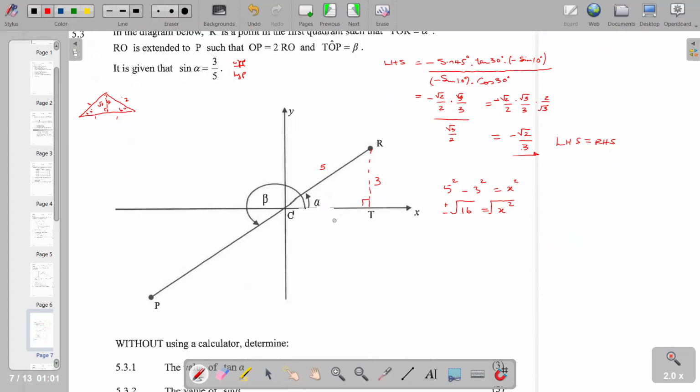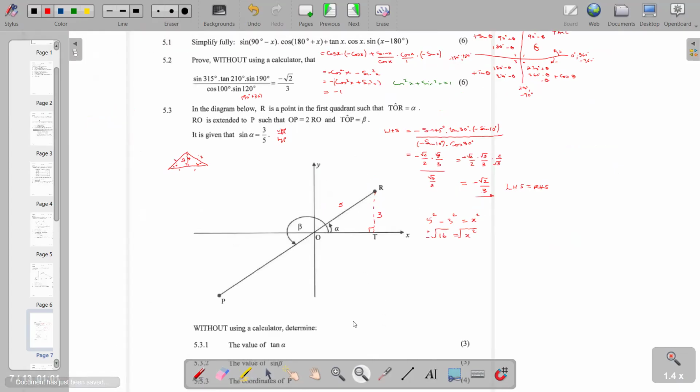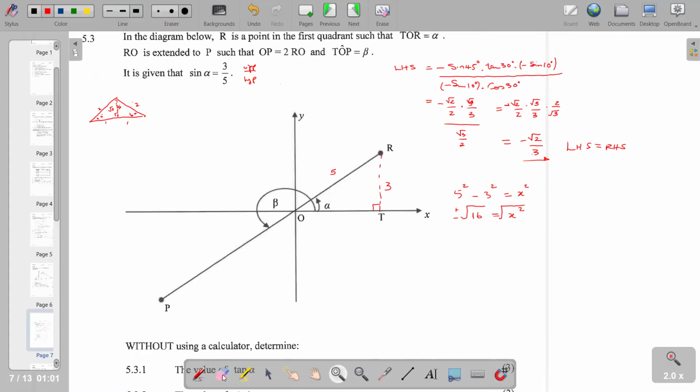Since we are in the first quadrant here, our x is positive, so our x is equal to 4, which is positive. We applied the Pythagoras theorem here.